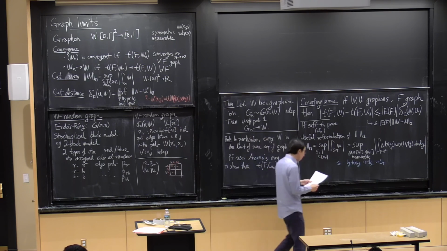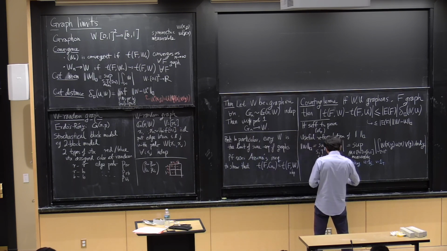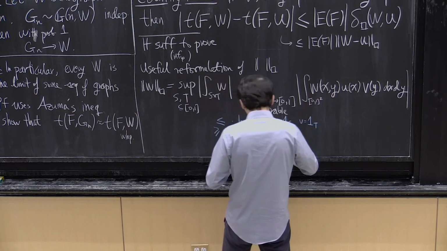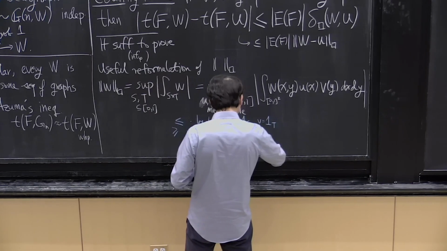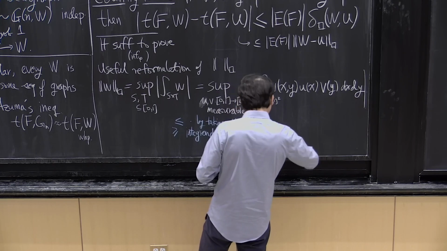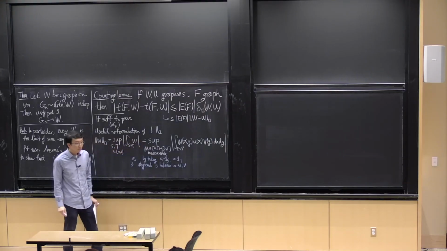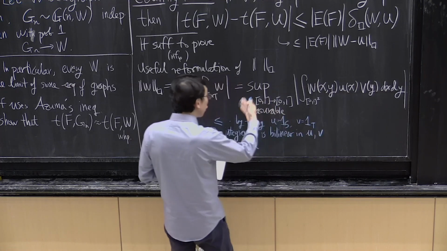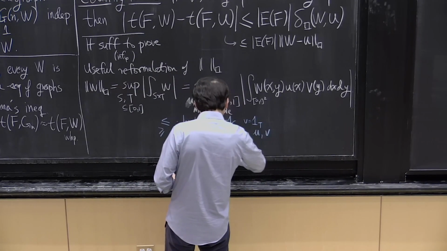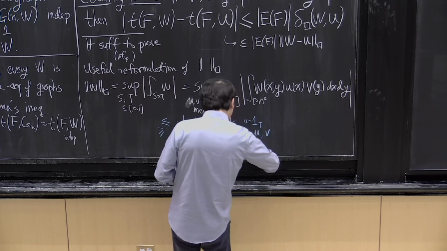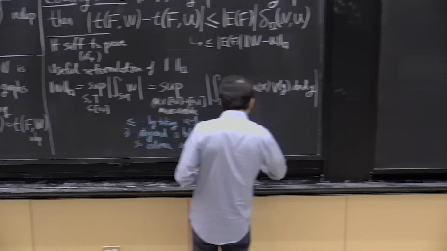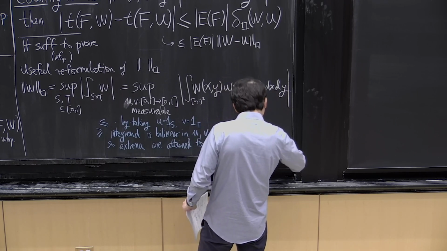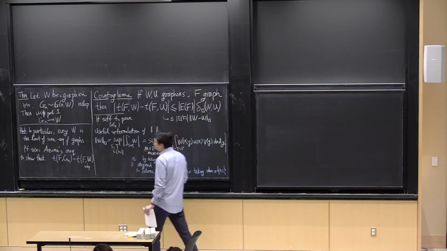For the other direction, the main thing is to notice that the integrand, what's inside this integral, is bilinear in the values of u and v. So in particular, the extrema of this integral, as you're allowed to vary u and v, are attained for u and v taking values in the endpoints 0, 1.